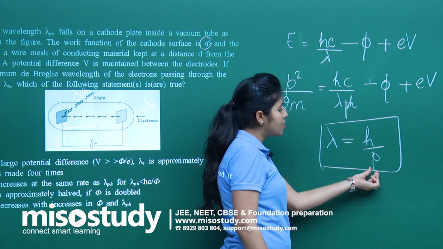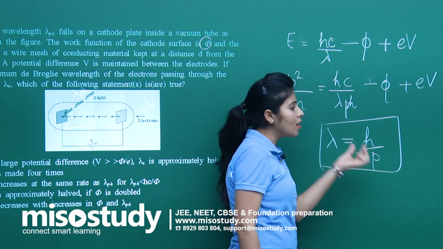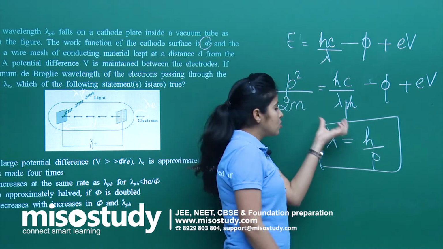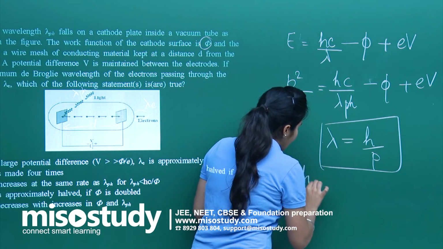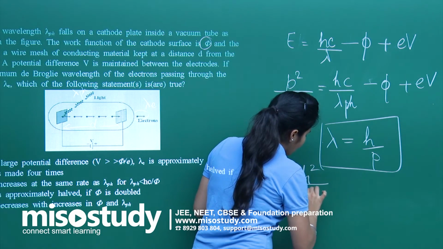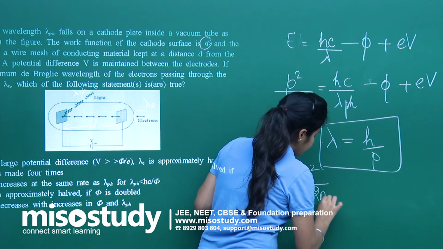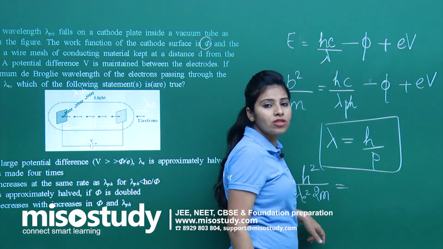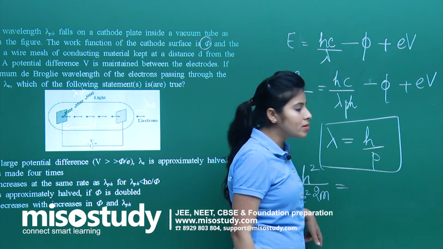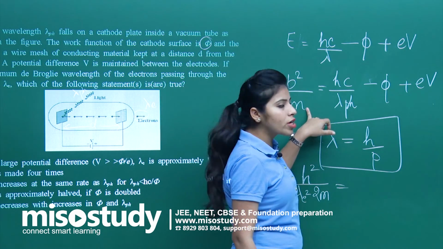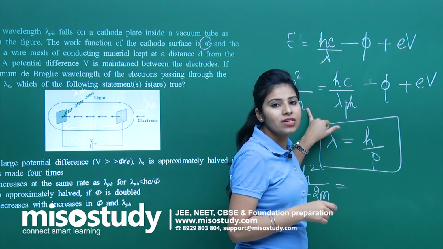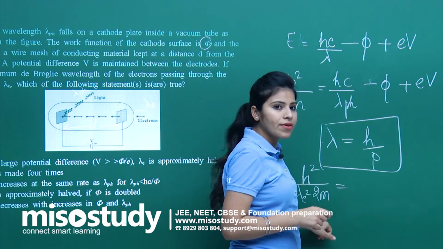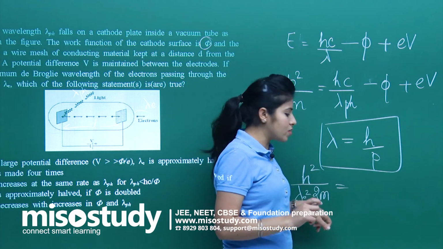So we can write this P as h by lambda in place of this P. So here P square by 2m will be h square by lambda E square into 2m. This is the wavelength of electron, right? Because we are just talking about the energy of the electrons that are being emitted.